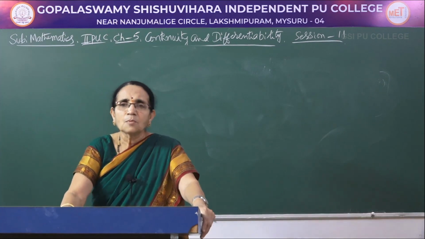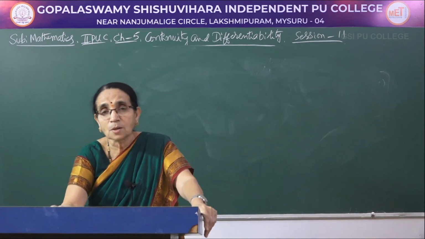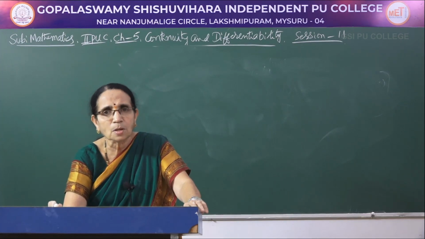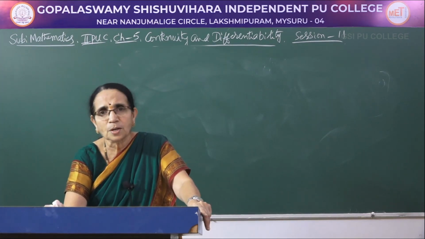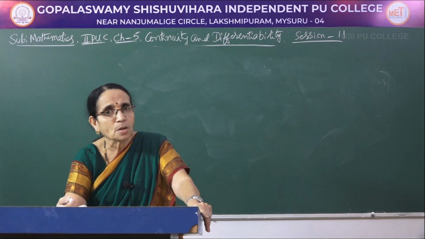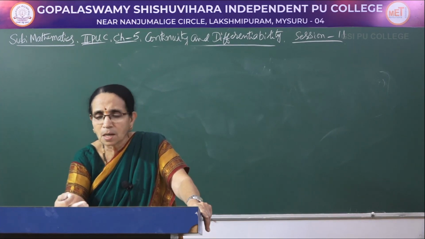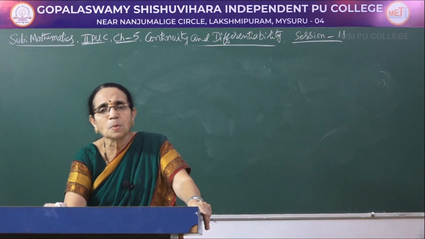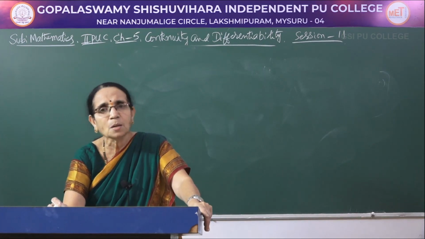After that, we learnt how to find the derivative when the function is a sum or difference or product or quotient of two or more functions. When I use the word product, there can be more terms also, but at present we are considering only 2 terms. There may be 3, 4, or any number of terms.